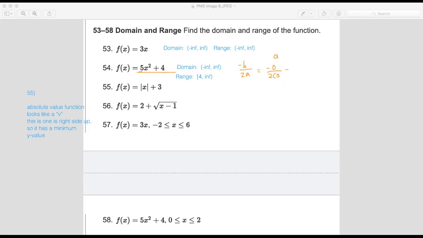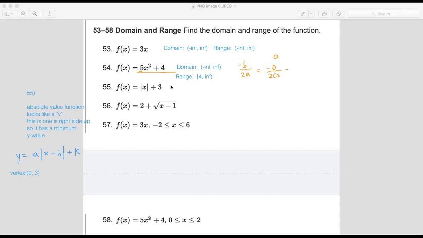Absolute value functions can be written like this: y equals a, absolute value of x minus h, plus k, and h comma k is the vertex. So in this case, we don't have an h there. So the vertex would have an x coordinate of 0, and the k is 3.